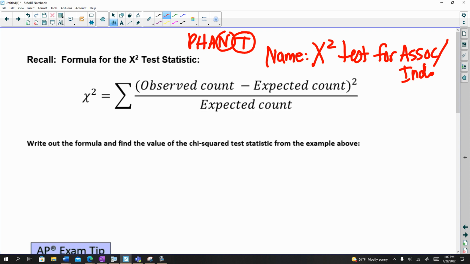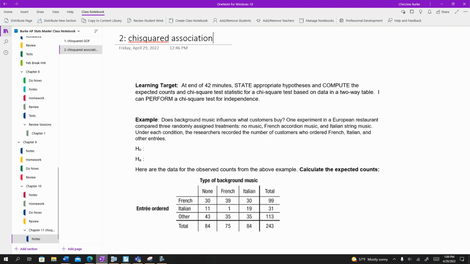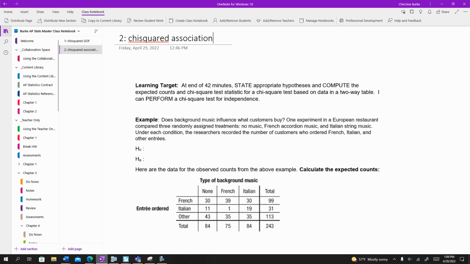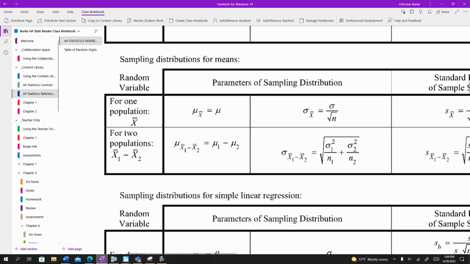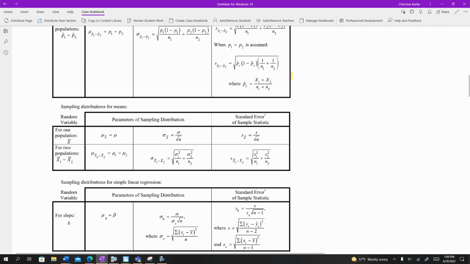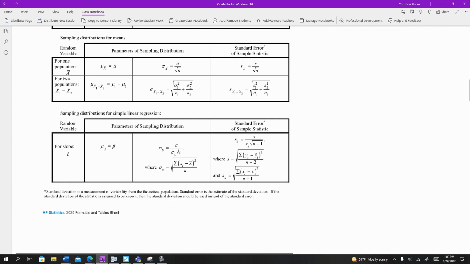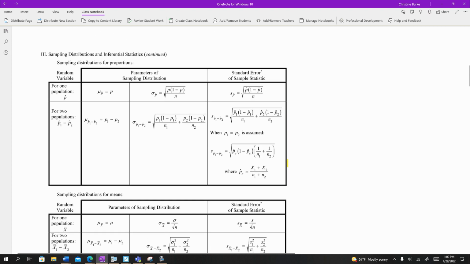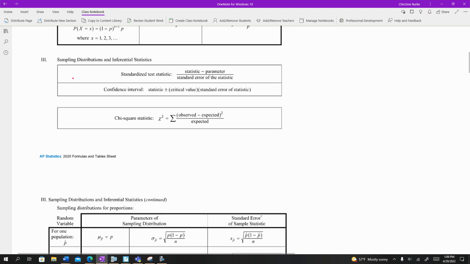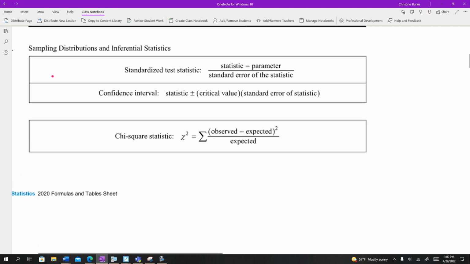So now the formula for the chi-squared test statistic is actually on the reference sheet. It's right here. So you don't have to memorize this. So I'm just going to show you guys really quick where to look. You're going to look under your inference. Where did it go? Oh, it's right here. Under standardized test statistic and confidence interval, chi-squared test statistic is right underneath here.